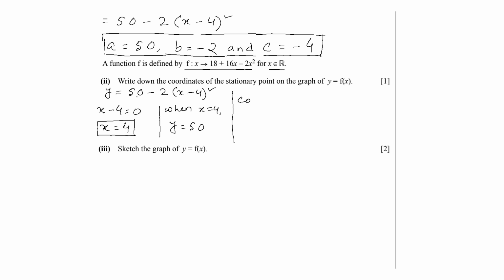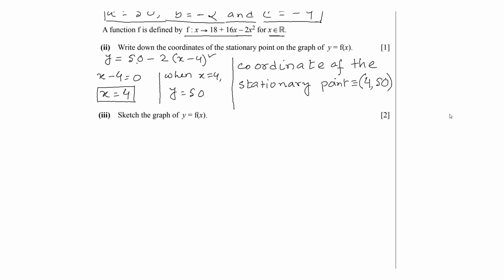Therefore we can come to the conclusion that the coordinate of the stationary point is (4, 50). So the second part of the question has also been completed. Now let's move on to the last part of this question.